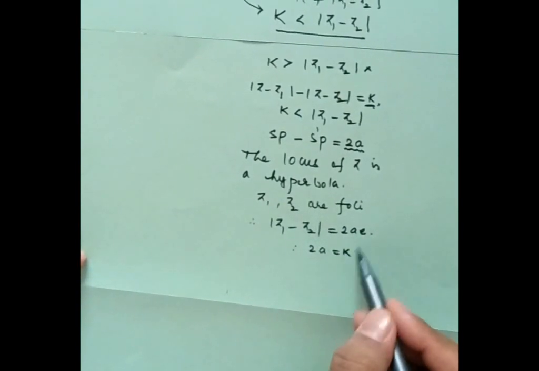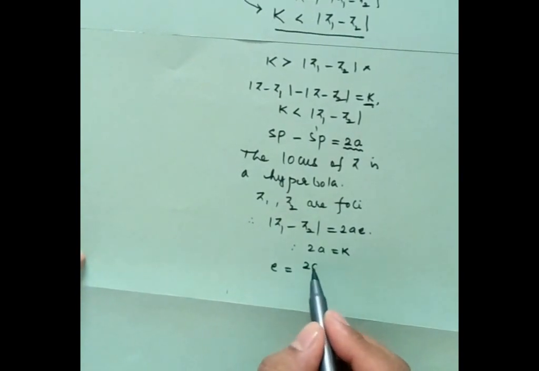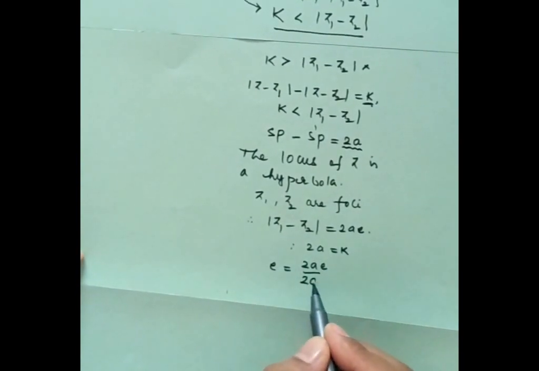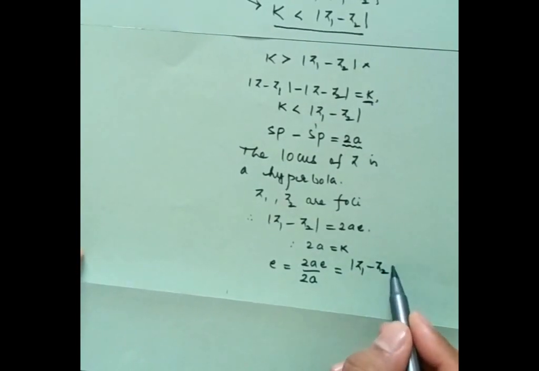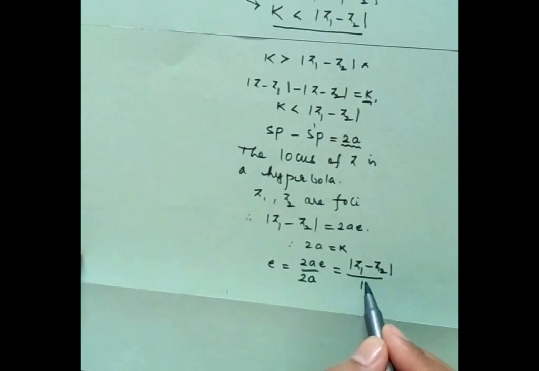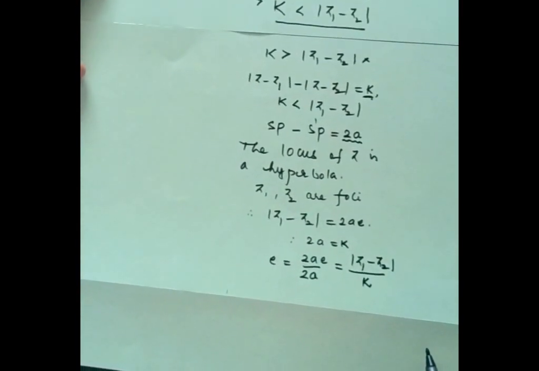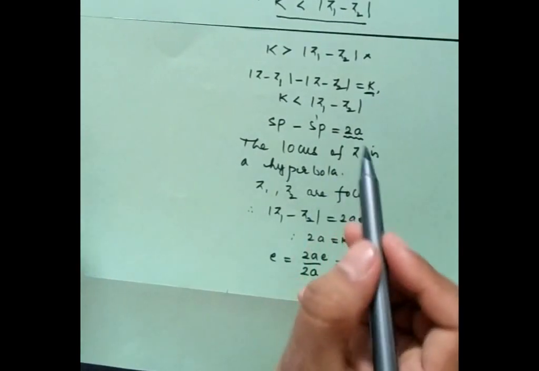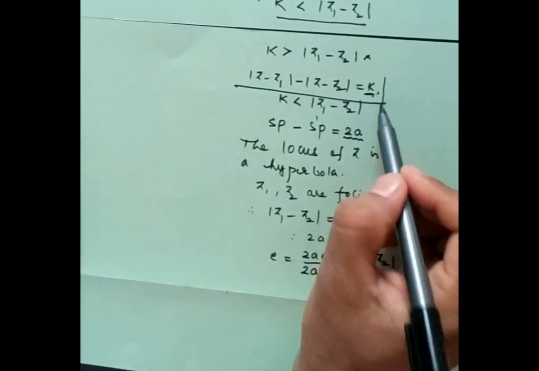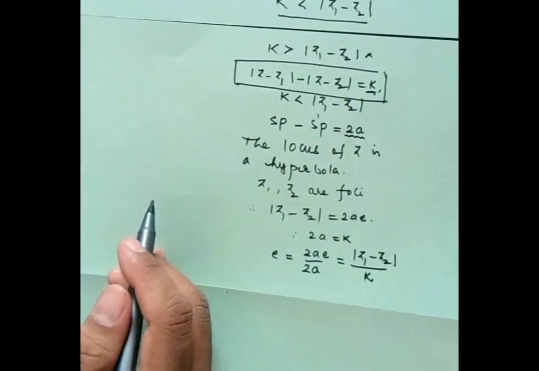Then dividing these two to get the eccentricity, e equals 2ae by 2a, that is modulus of z1 minus z2 by k. This is the formula to find the eccentricity whenever the locus of z is a hyperbola according to the condition modulus of z minus z1 minus modulus of z minus z2 equals k.